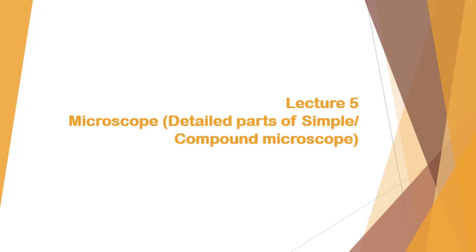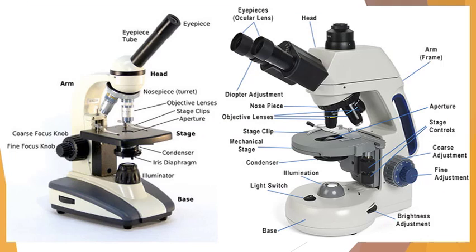So here we start. Here we have the view of a microscope, and in this pictorial view you see the different parts or components of the microscope, which combine to form this legendary item. Later on we discuss each and every part in detail.